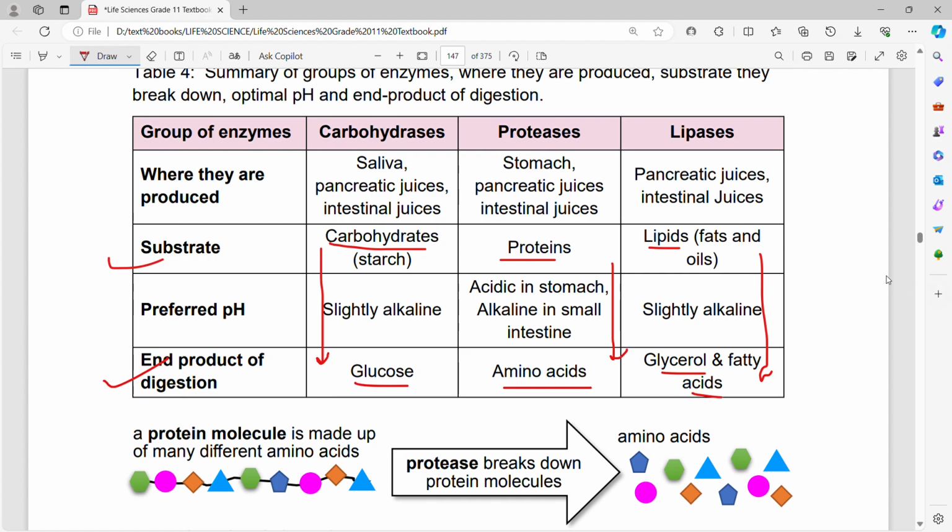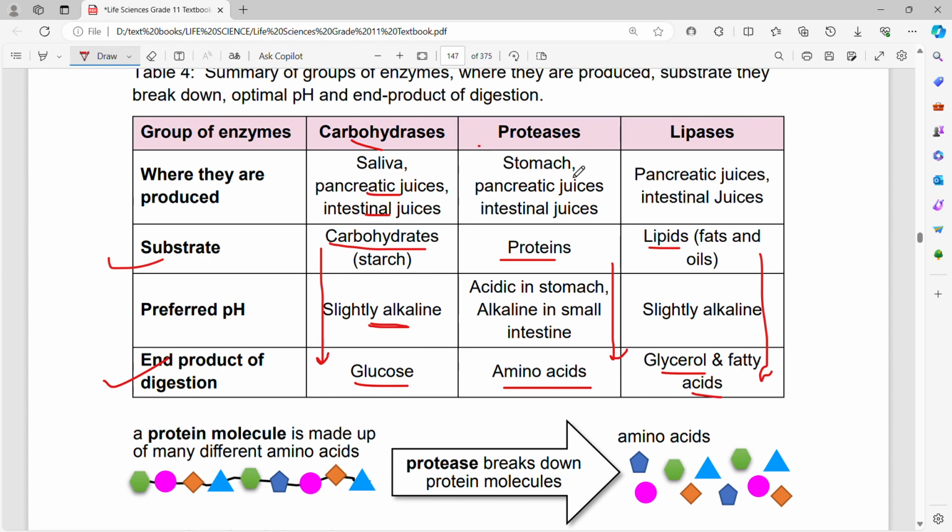Now, since we are using enzymes, we must know where these enzymes are produced. Carbohydrases will be present in your saliva, pancreatic juice, and intestinal juice, and the preferred pH is alkaline. So in the saliva, pancreas and intestine, the pH is alkaline because their juices are present.